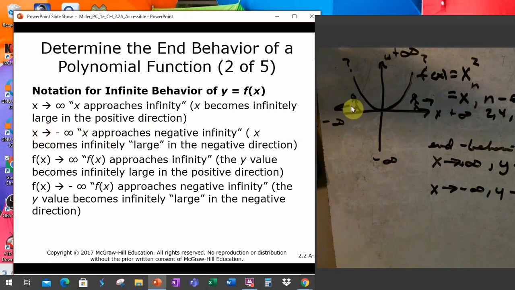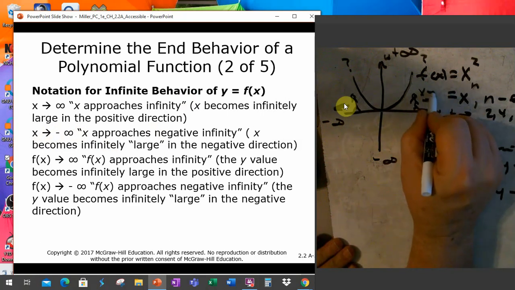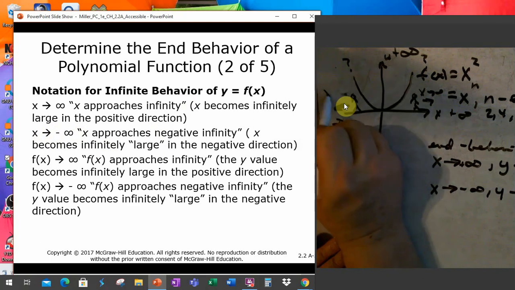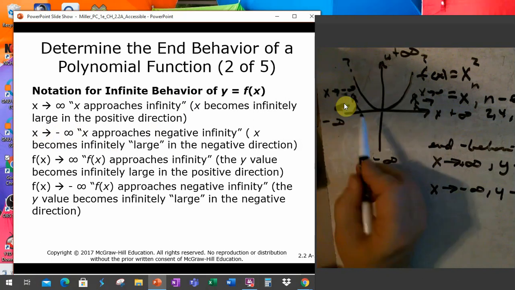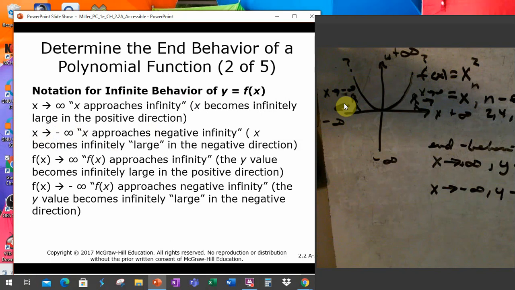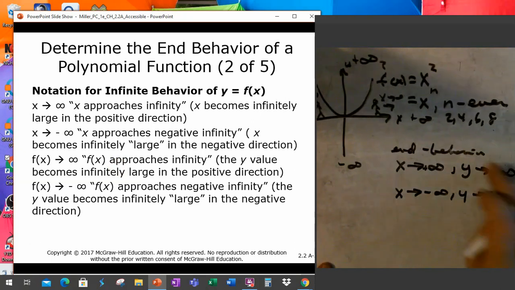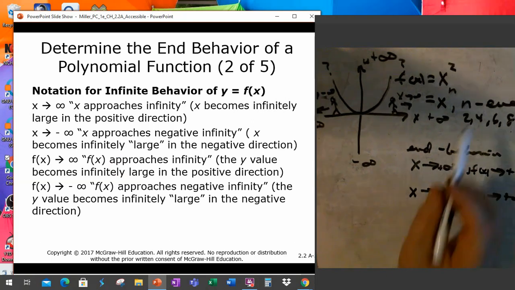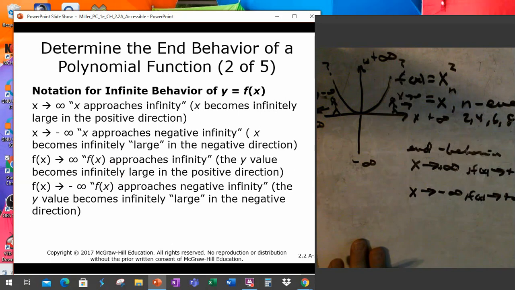As x goes to negative infinity, that's this piece of it, when he's walking that way. And now we say f of x goes to infinity. We can say either y or f of x goes to plus infinity. In a minute, this does not always need to be this way.